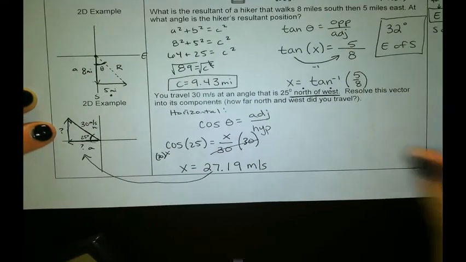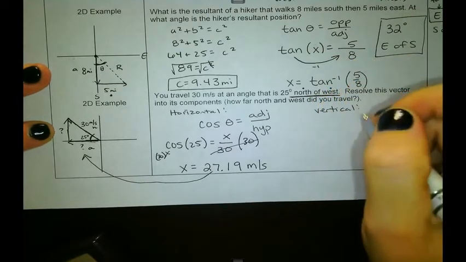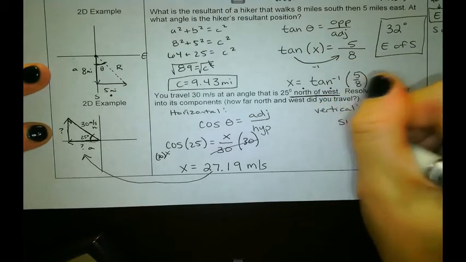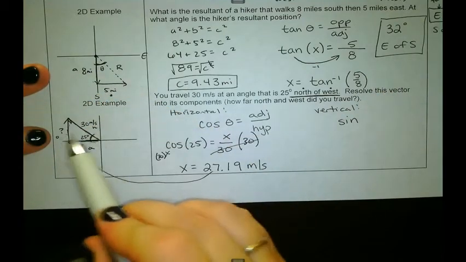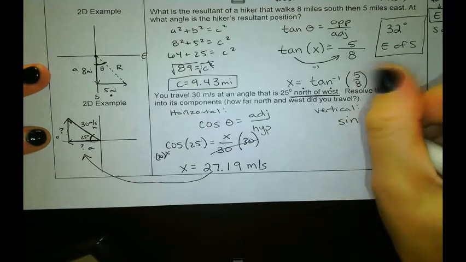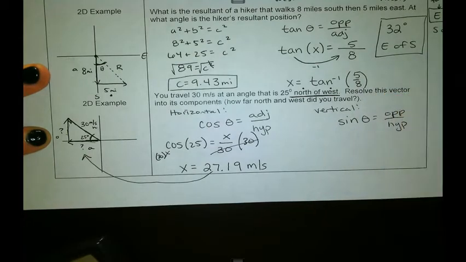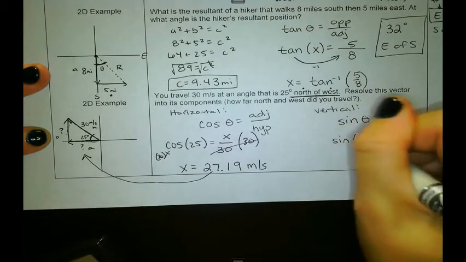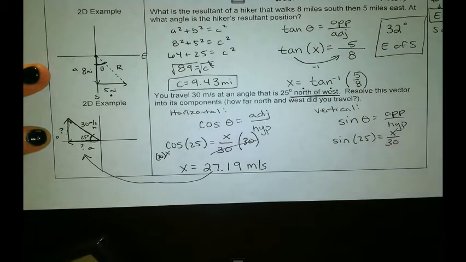Now let's talk about my vertical. Vertical is going to be sine, because now I'm dealing with the opposite and the hypotenuse. So O and H: sine of the angle equals opposite over hypotenuse. So sine of 25 equals x over 30.